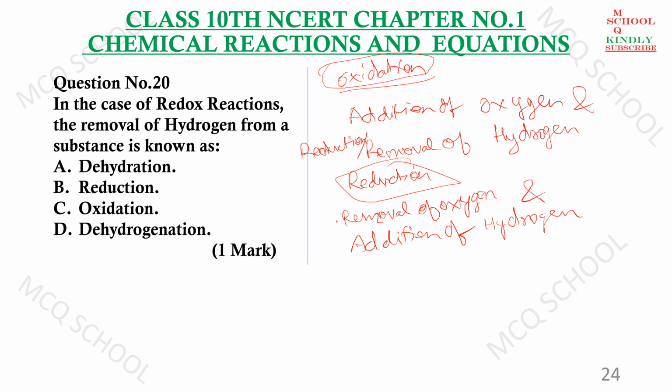We know oxidation is addition of oxygen and removal of hydrogen, and reduction is removal of oxygen and addition of hydrogen. Here the question is removal of hydrogen, so removal of hydrogen is nothing but oxidation. The answer is C.